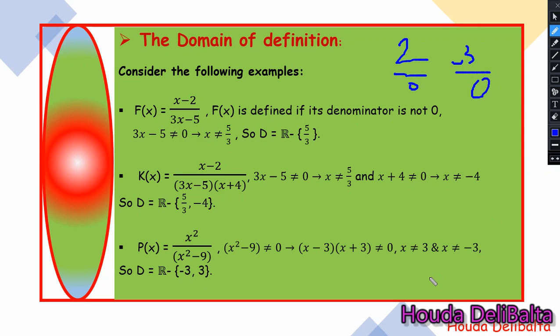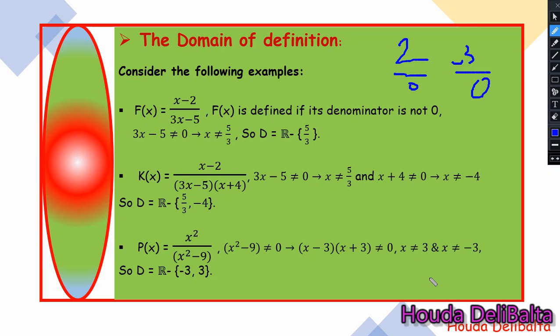Every time you press on the calculator any number divided by 0, the calculator will give you a math error, because we have to know that in math the denominator must not be 0 at all.